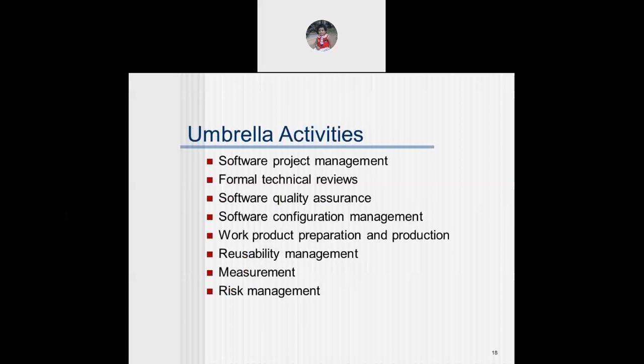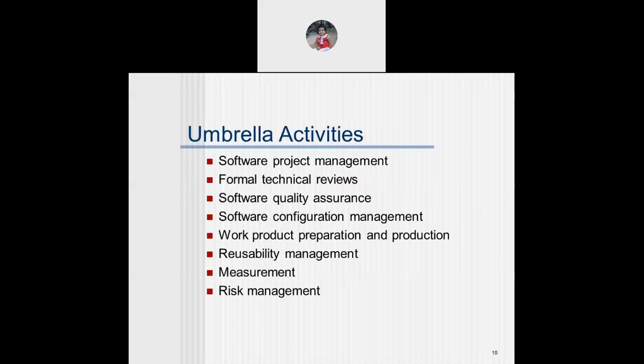So the umbrella activities of the particular software development are software project management, formal technical review, software quality assurance, software configuration management, work product preparation and production, reusability management, measurement, risk management.